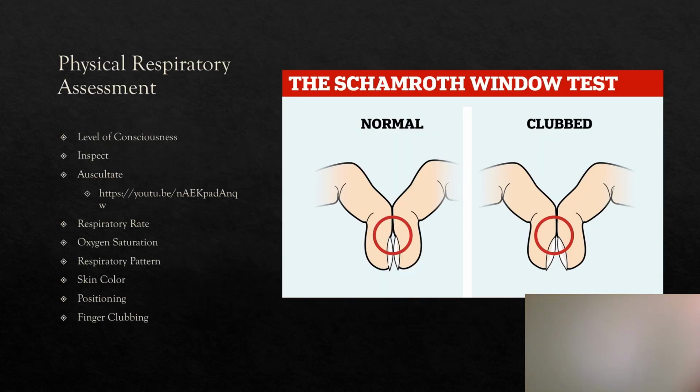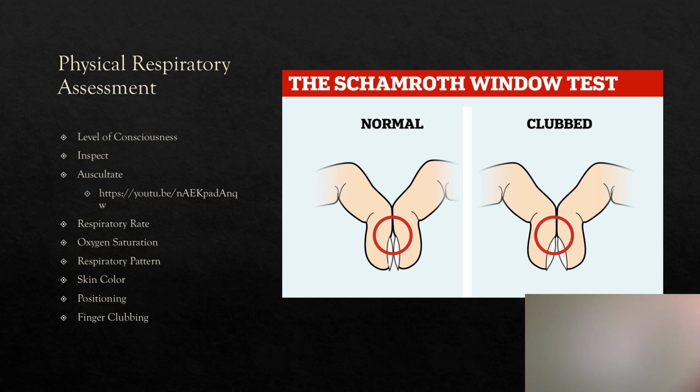So as we're doing our physical assessment, there's several things that we need to be looking at to help us determine if there's issues going on with the respiratory system. We first look at their level of consciousness, because a change in the level of consciousness might be the first indication that the client is not getting enough oxygen. They're experiencing hypoxia.